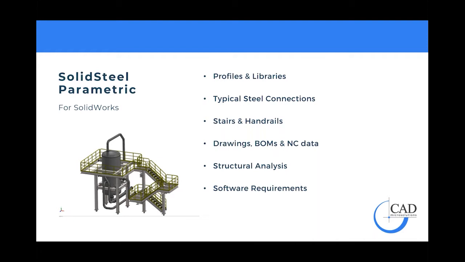An extensive range of profiles and libraries, as well as how they can be customized and expanded. Your typical steel connections, which include end plates, gusset plates, ribs, fish joints, bolted connections, clip angle connections, frame corners, and many, many more.